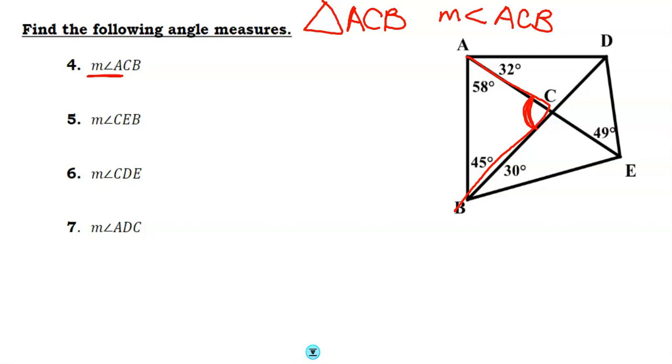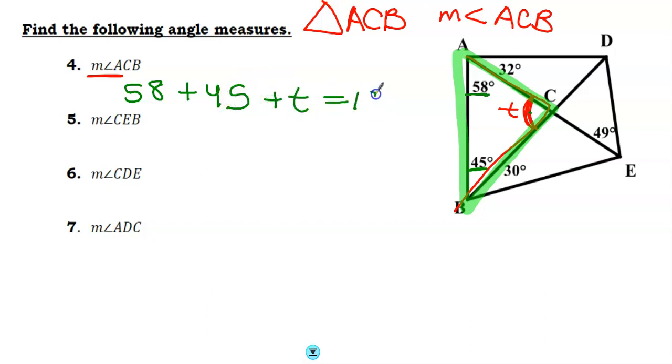Well, let's look at this triangle. So here's my triangle. I have 58 and 45 and then the missing one, okay? So we will call that, what letter? Let's call it letter T. All right, so I have 58, 45, and then plus T equals 180 degrees.